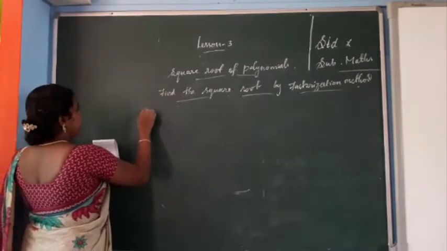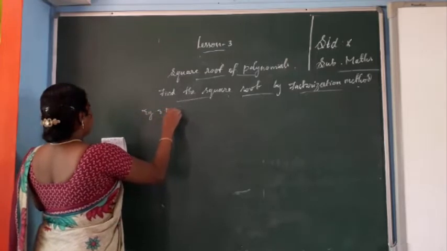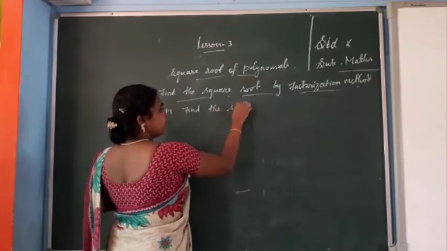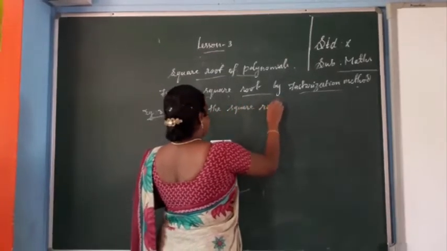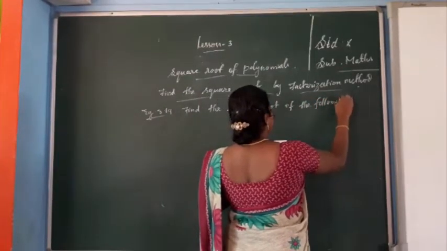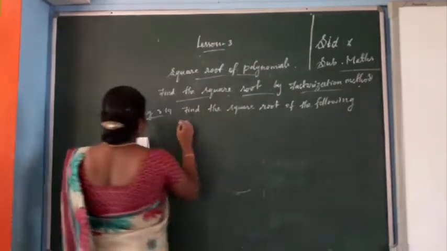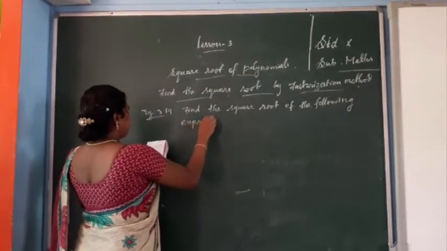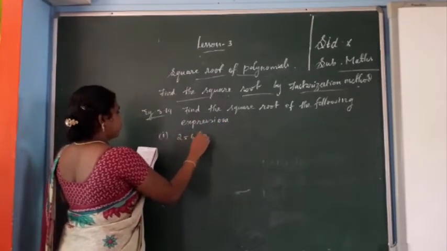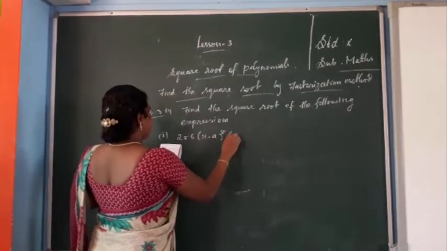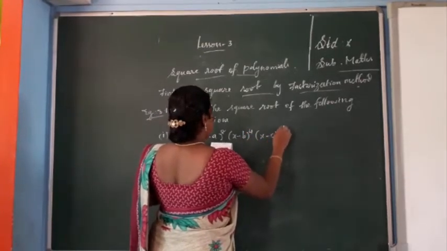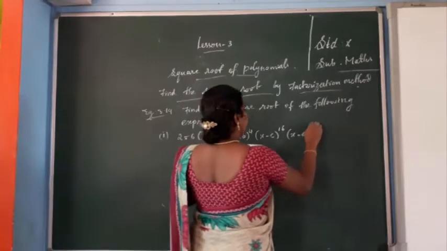Example 3.19. Find the square root of the following expressions. So the first solution is 256 into (x minus a) the whole power 8 into (x minus b) the whole power 4 into (x minus c) the whole power 16 into (x minus d) the whole power 20.